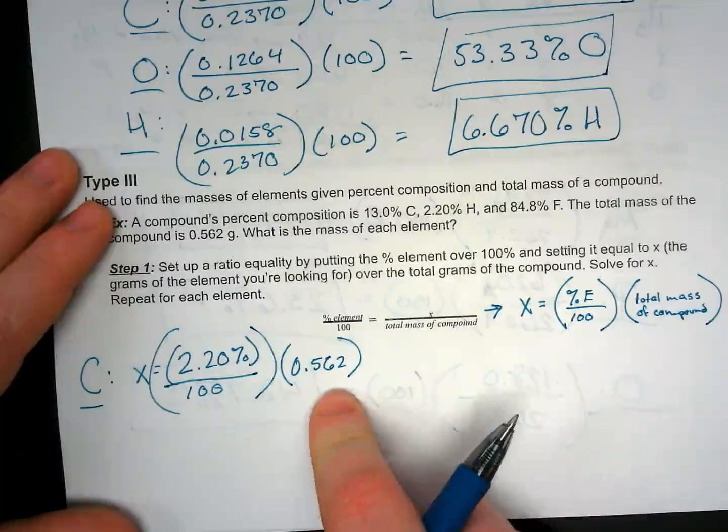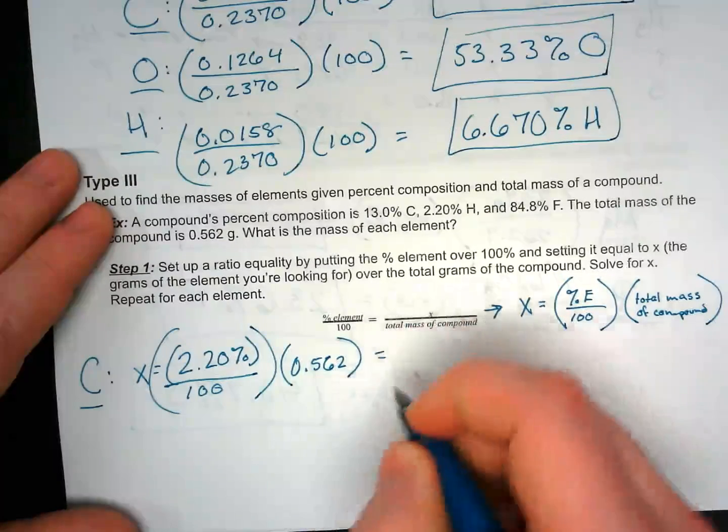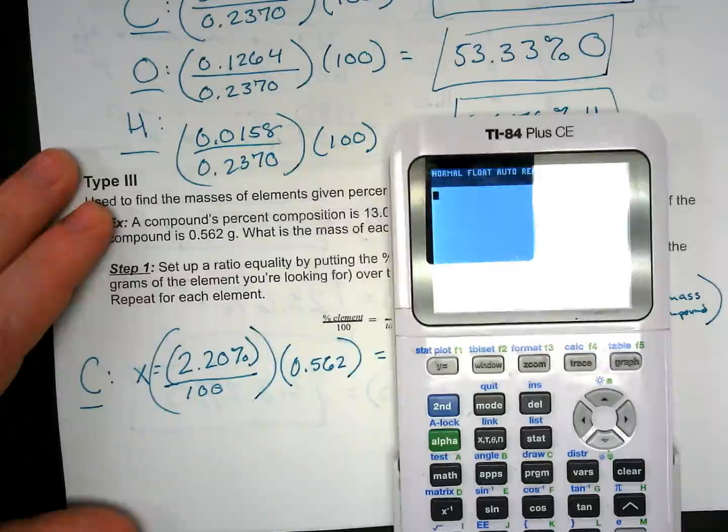I'm writing it like this because we can put it in the calculator looking virtually identical: double parentheses, 2.20, close parentheses, divided by 100, close that, close the double, open a new one, times 0.0562.